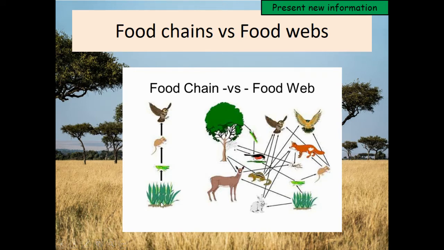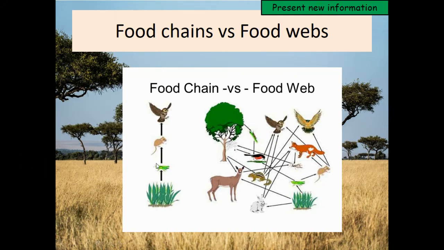A food chain always shows a producer at the start. So you will always have a plant, whether it be some grass, a tree, a leaf, some corn, some wheat, whatever photosynthesizes and makes its own food, you will start off with.